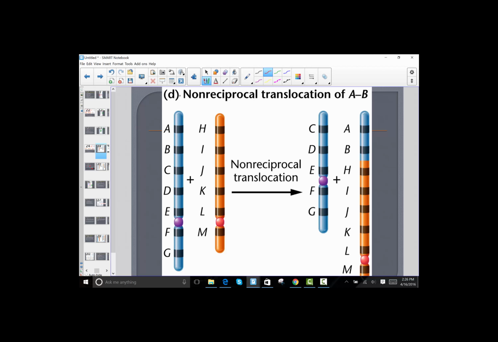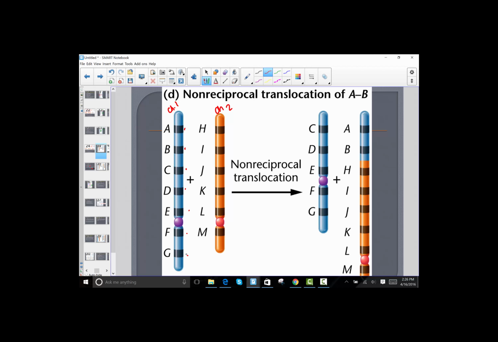So remember, our colors mean something different. So this we're going to call chromosome 1. And this is going to be chromosome 2. Okay? So on chromosome 1, we have our normal chromosome that we've been working with before. A, B, C, D, E, F, and G genes.